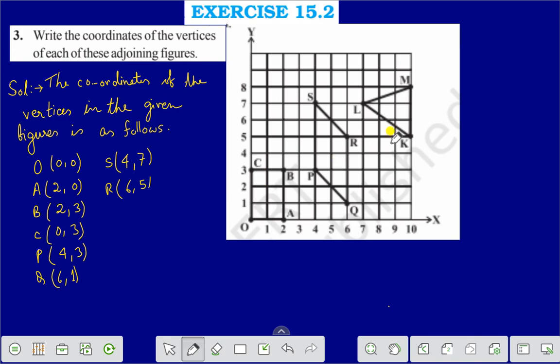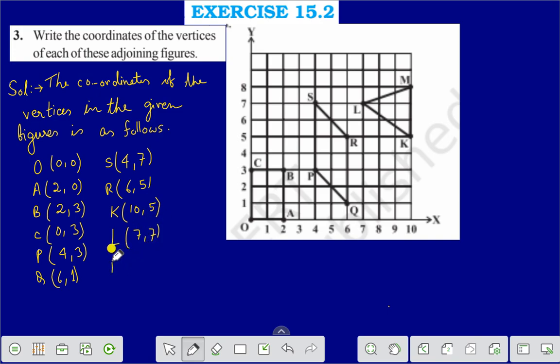Now, to find the coordinates of K. Coordinates of K is this one. Here you see the value of x is 10 and the value of y is 5. That is 10, 5. Now, coordinates of L. This is L, value of x is 7 and the value of y is 7, that is 7, 7.